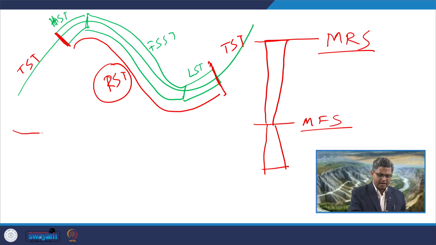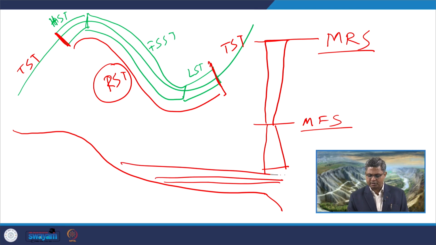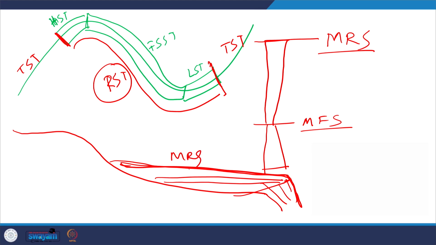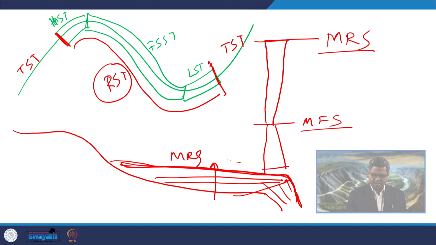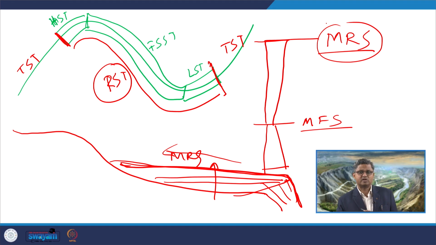If I draw this fluvial system to the marine basin, we already know that during the LST the deposition is mainly concentrated over here along the shelf edge, where the shelf edge delta is forming. There we can expect fluvial onlap and formation of this maximum regressive surface. In this area, above this we get an onlapping transgressive package, so the maximum regressive surface will act as the bounding surface.